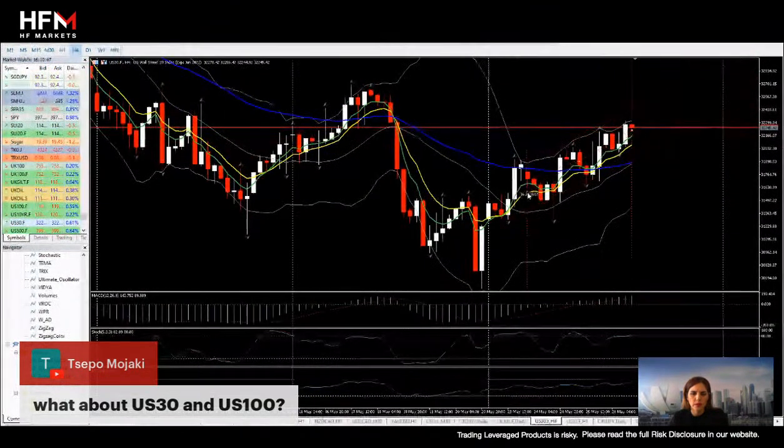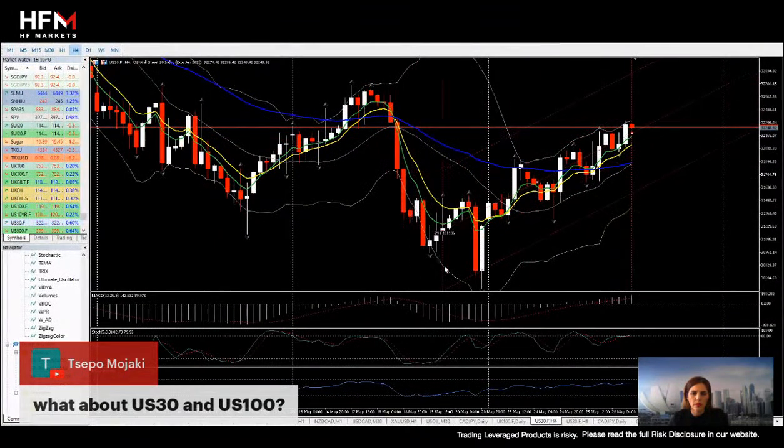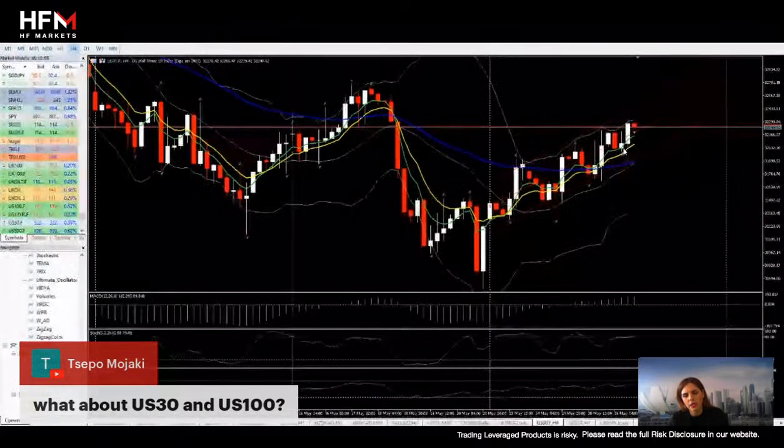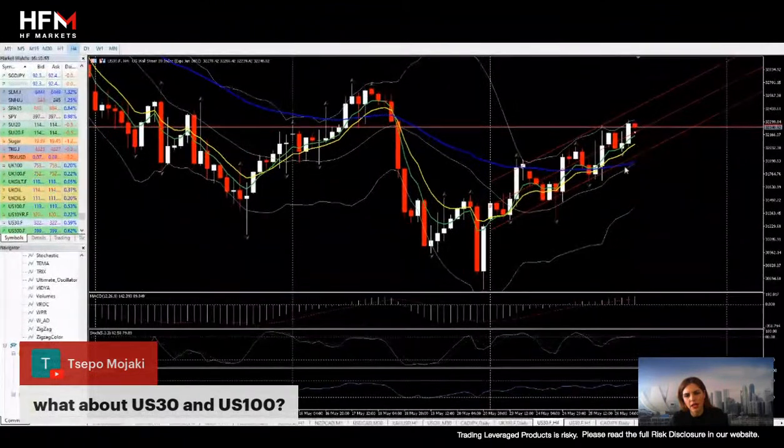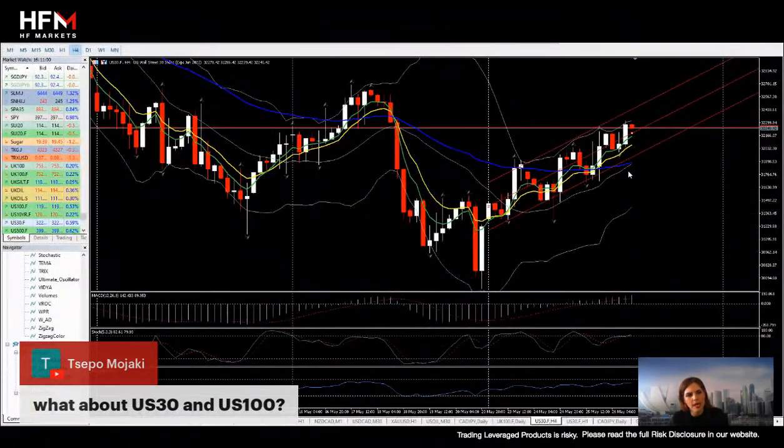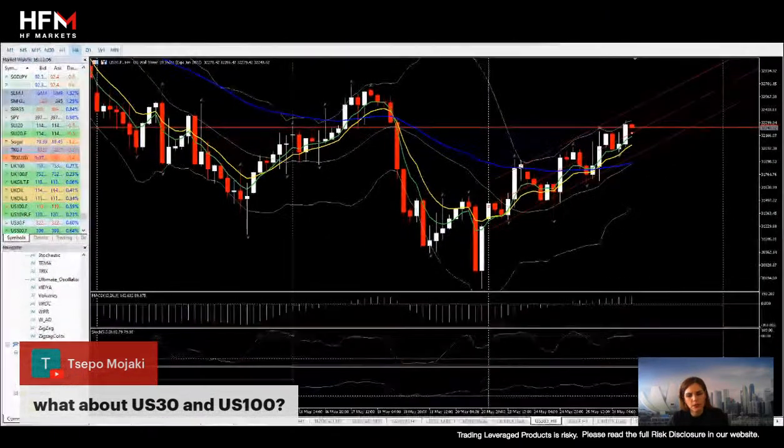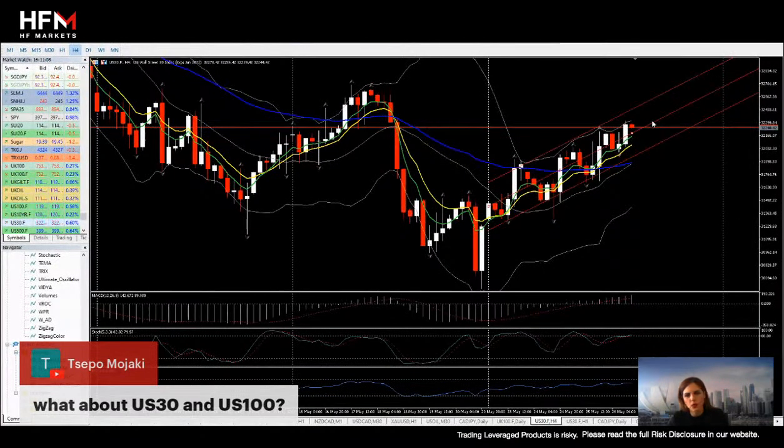Very tight channel, but you can see the fast moving averages keep pointing higher. We might see a bullish crossover here of the 20 with the 50. MACD is positive, RSI is positive, stochastic is positive.